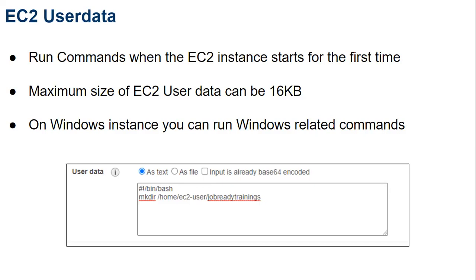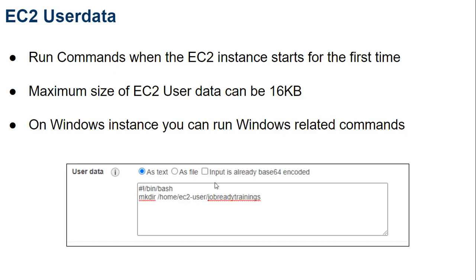At that stage, you can use EC2 user data. For our demonstration purpose, to keep it simple, I am going to create a directory when your EC2 instance gets launched. So we are going to create a job ready training directory under home and ec2-user.